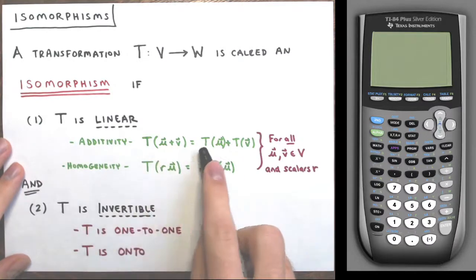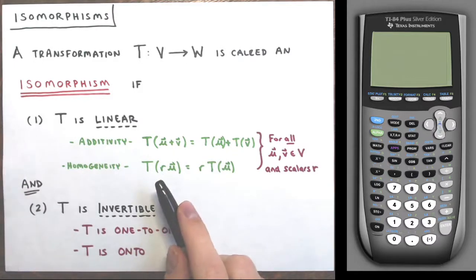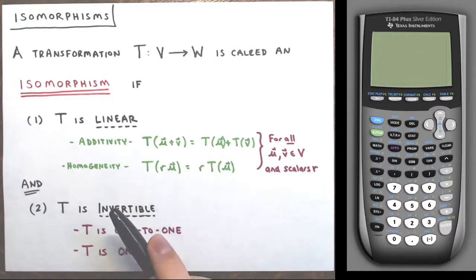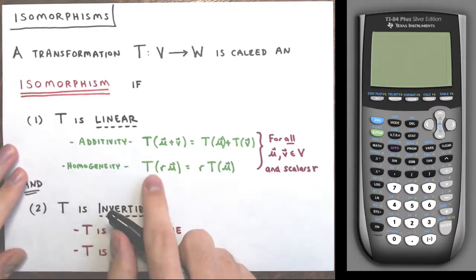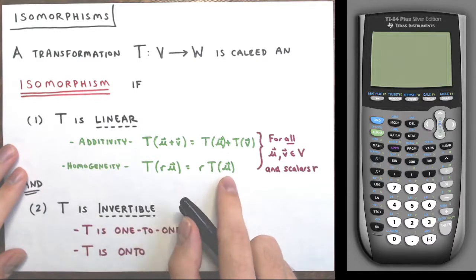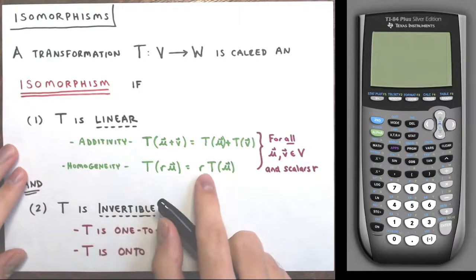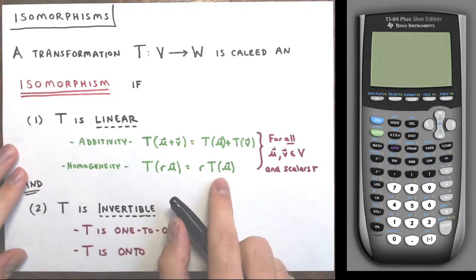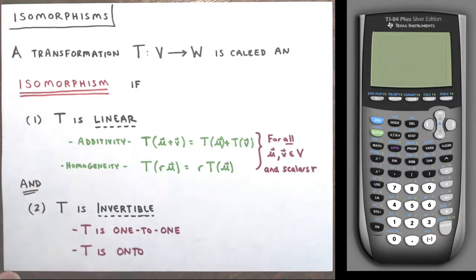With this property, they would say that the transformation T preserves vector addition. And homogeneity is T of R times u equals R times T of u, where R is a scalar. They'd say that the transformation T preserves scalar multiplication between the sets.